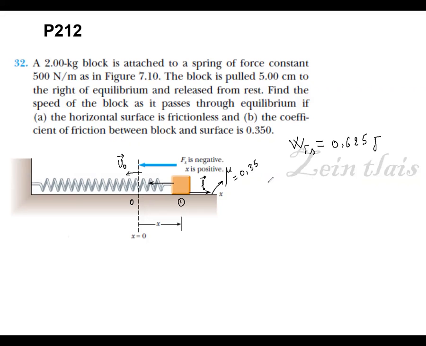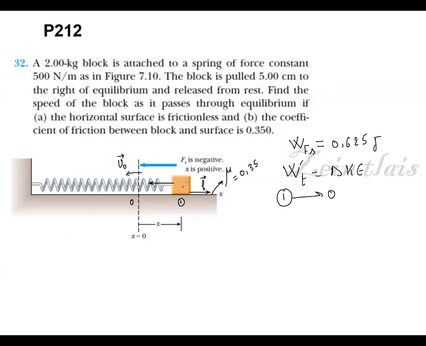Now, in this part, we use the same theorem, omega total prime equals delta kinetic energy, between position 1 and position 0. For N and mg, we don't have any work.